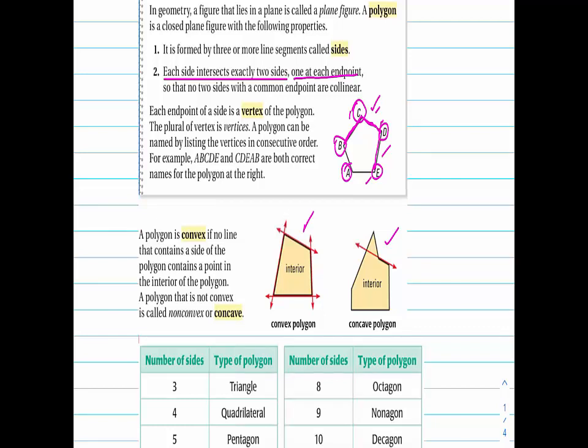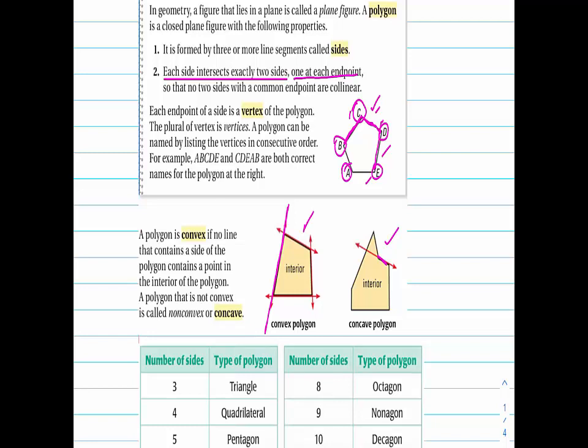If you're talking about a convex polygon, notice this side right here. Let's just look at this side. Notice the line that contains that line segment, it doesn't pass through the polygon at all. In other words, it contains no interior points. That's what I'm saying.